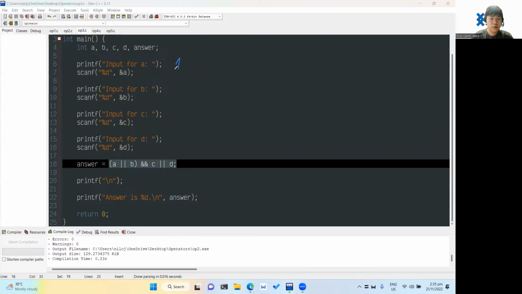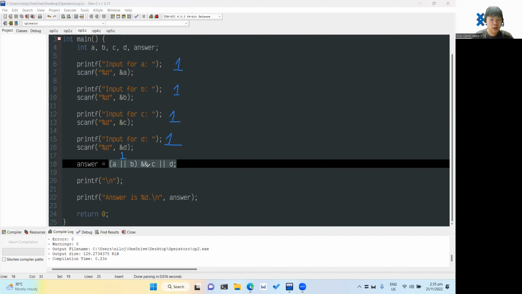So let's say A is 1, B is 1, C is 1, D is 1. So how do we solve for the answer here? We have to do the parentheses first. Within the parentheses, the only thing we have here is the OR statement, A or B. So 1 or 1, that is 1. Since there's nothing to solve anymore in the parentheses, we go to the next level of precedence, which is the AND.